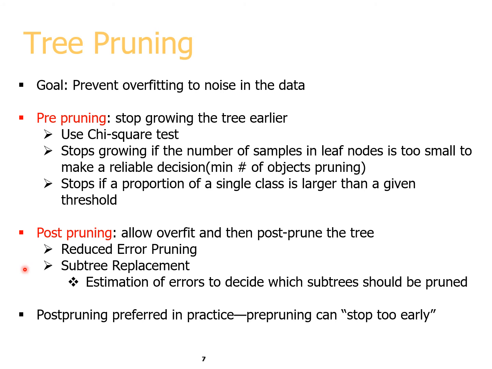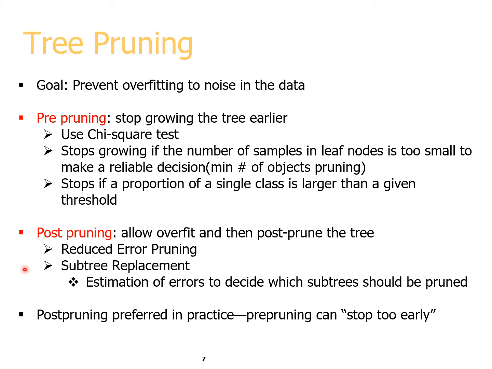And then again for each branch, you make an estimate of the error when you replace this branch by a class label.